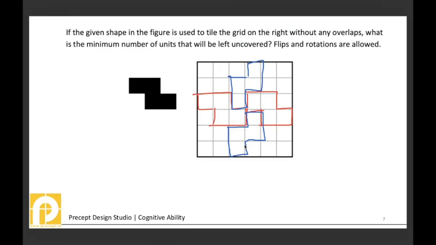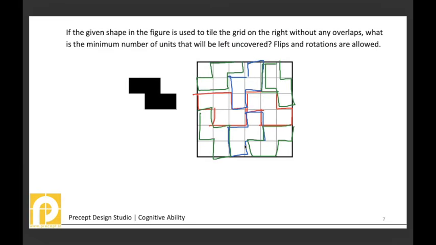Next, we tile on the corners. Here I will tile it like this. Here, I will tile it like this. Here, I will tile it like this. And on this facade, I will tile it in this manner.